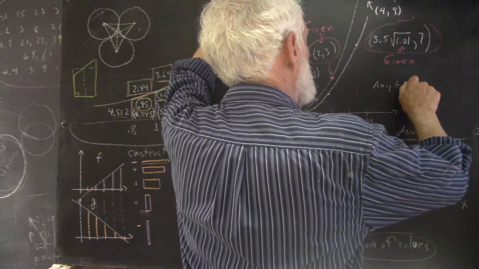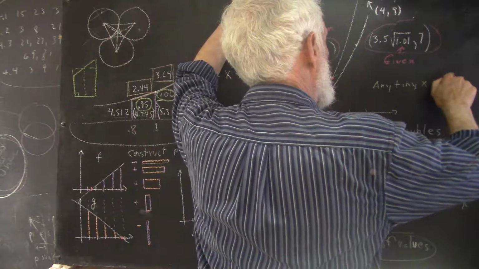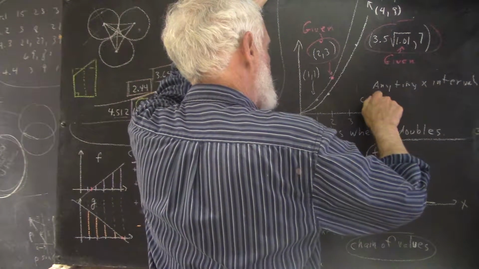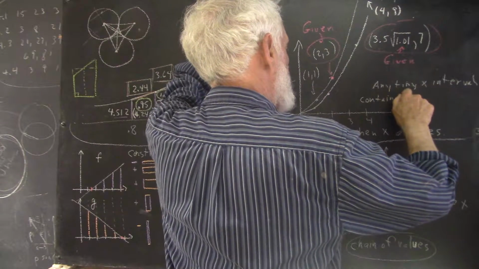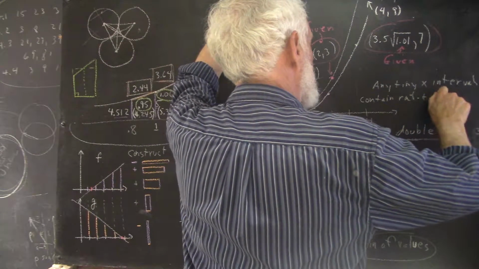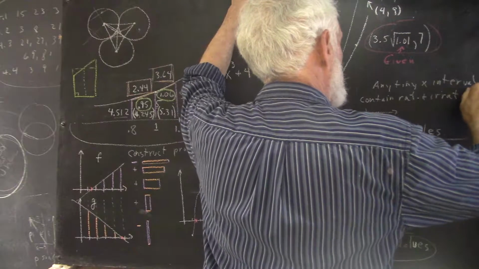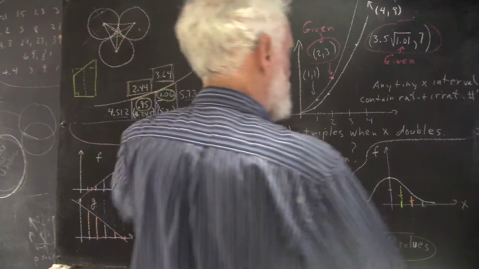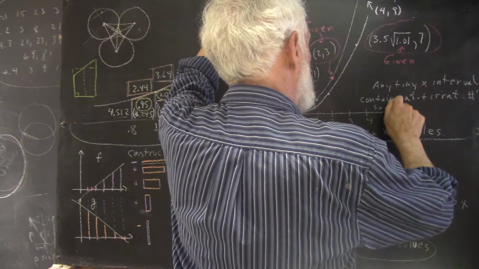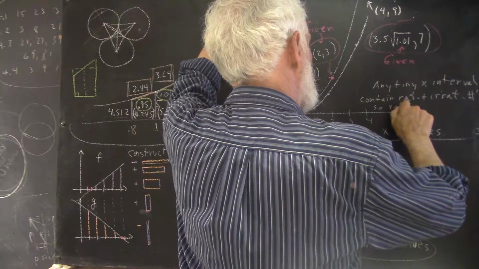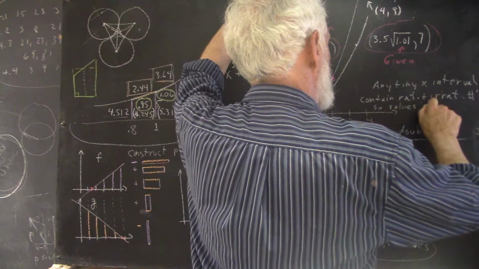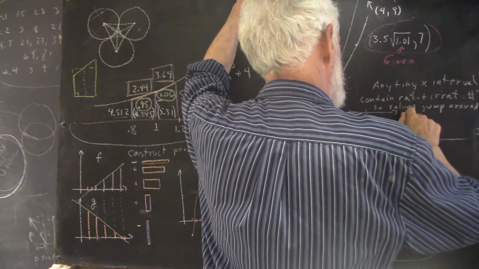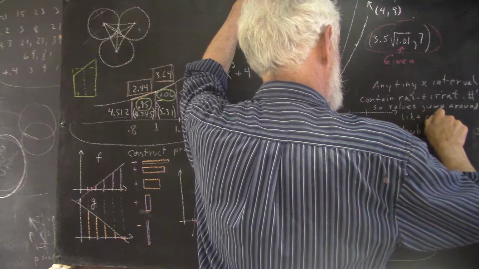so that any tiny interval contains rational and irrational numbers, so the values jump around like crazy.